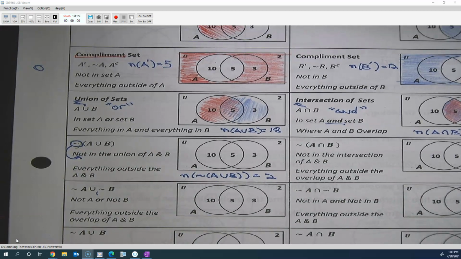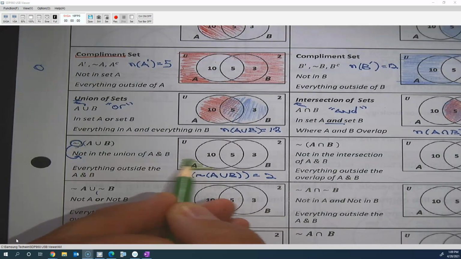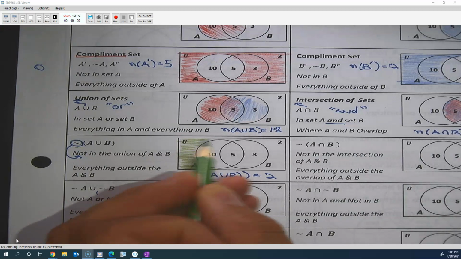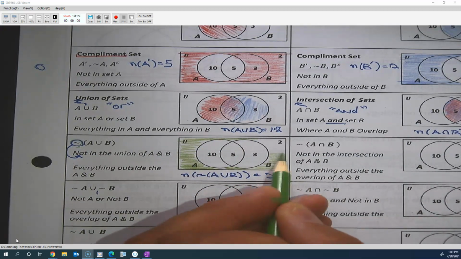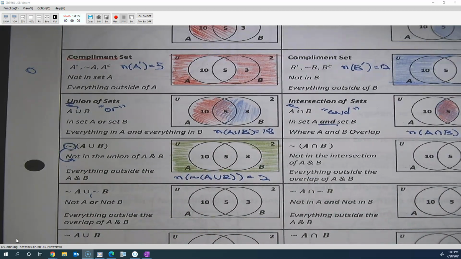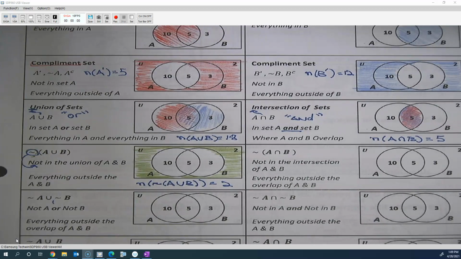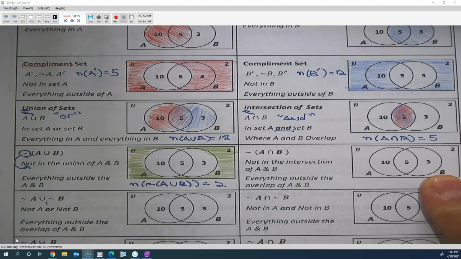All right, so not A and B, would it be this? Okay, and then that allows us to do, this is not the intersection.